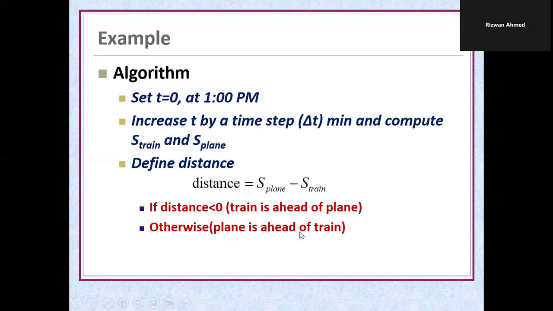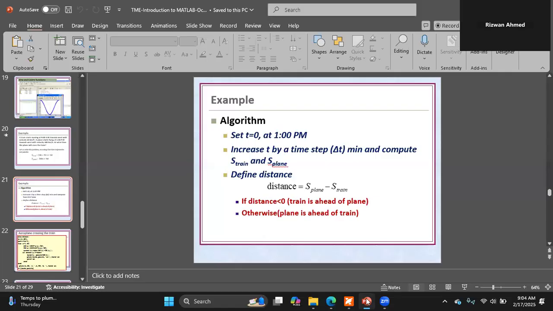Otherwise, the plane is ahead of the train. So we would like to pick up that point. Since due to the delta t selection we may not be able to exactly pinpoint the time, let's do it with a unit step and program it in MATLAB.